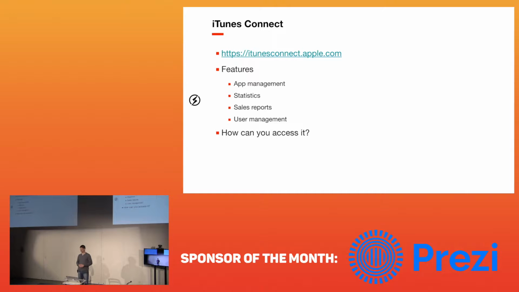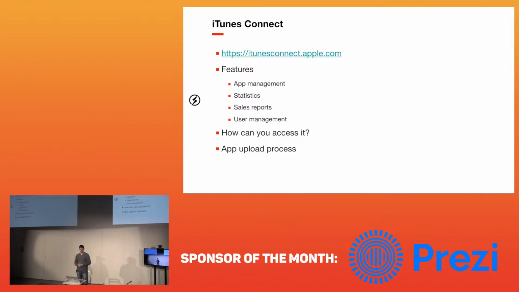If you want to do that, you have to ask for either the app manager or admin role. One of the differences between the two is that the app manager can only see certain applications, and with admin permission, you will see every application this developer membership has.